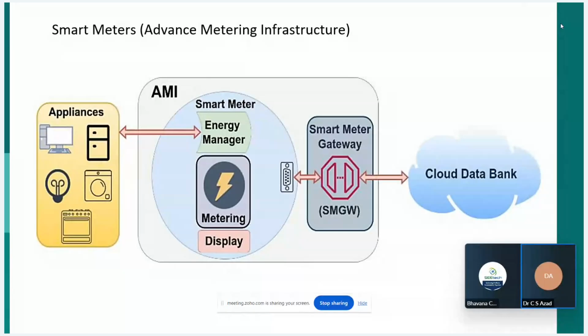Under RDSS and other schemes of Government of India, you will find that at most of the places, or at 100% places, these conventional meters will be replaced by smart meters, and these smart meters can be used further as a component of the smart grid as well as for demand side management purposes.